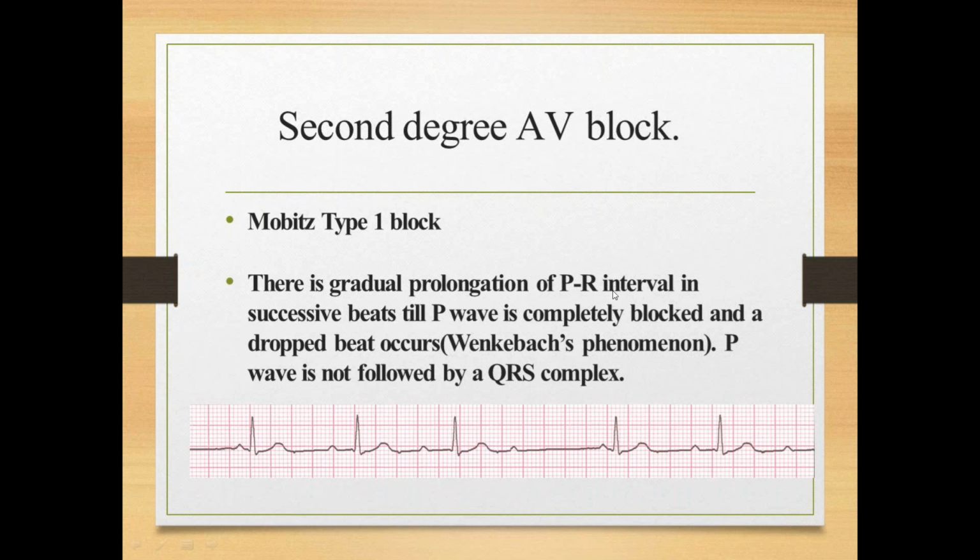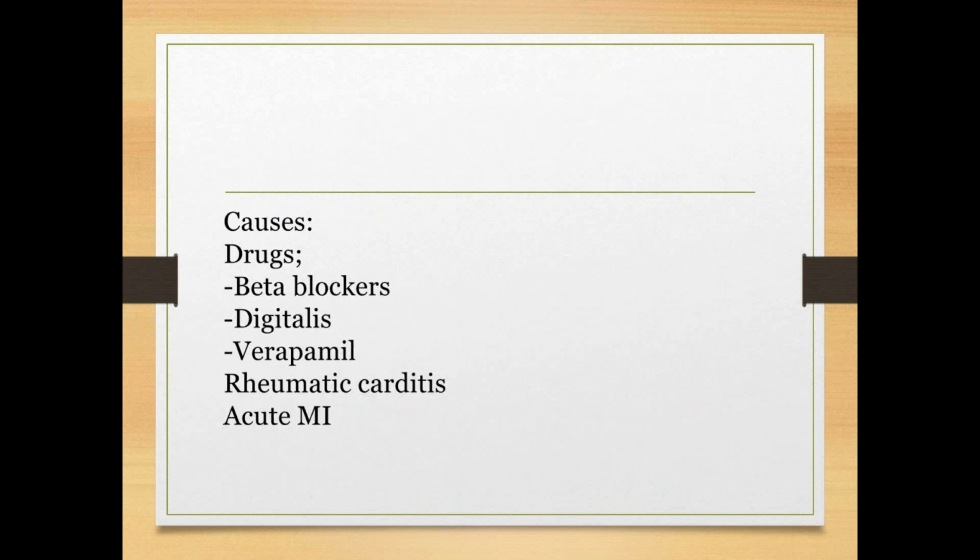So this gradual prolongation of PR interval in successive beats till the P wave is completely blocked and a dropped beat occurs is known as Wenckebach's phenomenon. There's a dropped beat here. So the P wave is not followed by a QRS complex. So this is known as Mobitz type 1 AV block. Again, causes are drugs like beta blockers, digitalis, verapamil, rheumatic carditis, acute myocardial infarction.